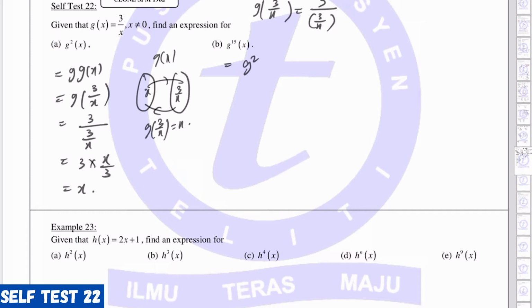How many times? I want 15, so 15 should be 7 times 2, 14, so I need 7 of this and a single gx. This is 7 g2 and a single gx. So all this will cancel each other off. You get gx, which is the same as 3 over x, where x cannot be 0.